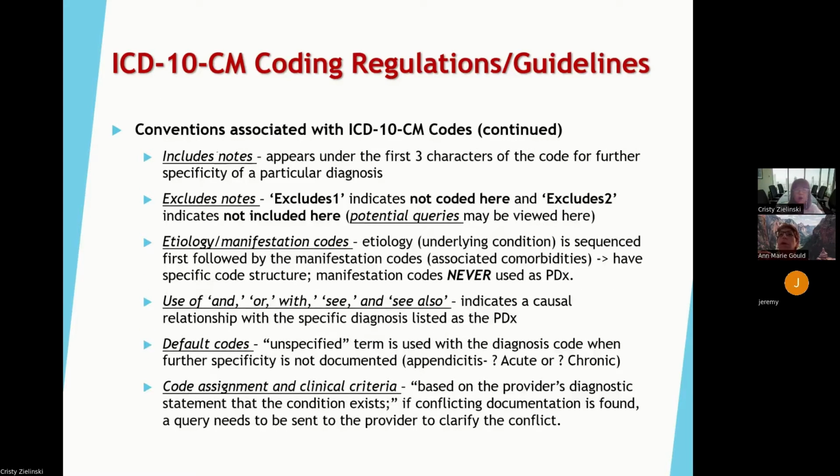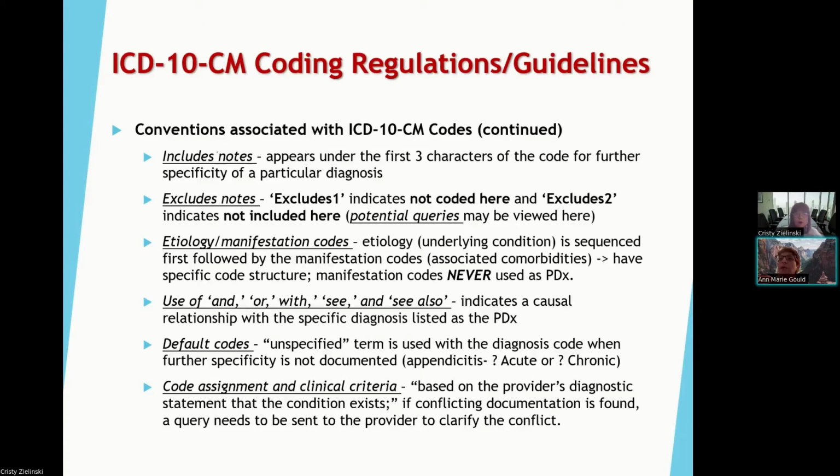When it comes to additional conventions, there are includes notes. They appear under the first 3 characters of the code for further specificity of a particular diagnosis. And then excludes notes. There are two types of excludes notes. Excludes1 indicates not coded here, and excludes2 indicates not included here.